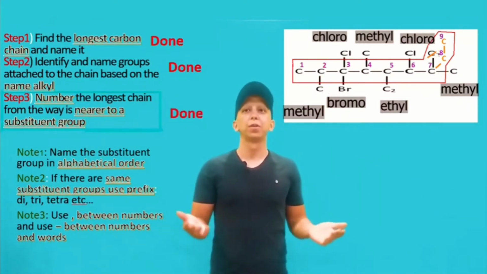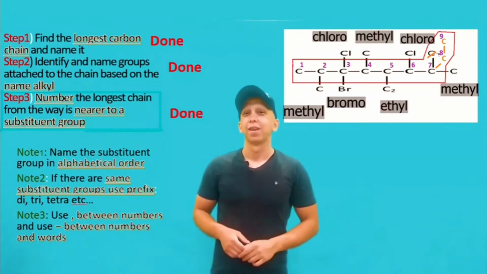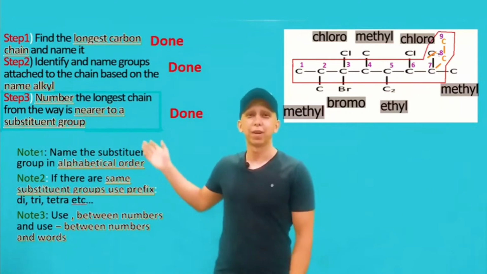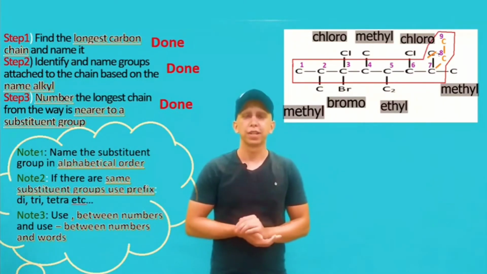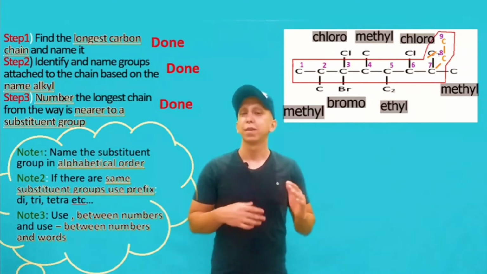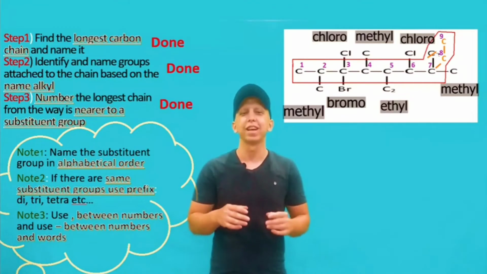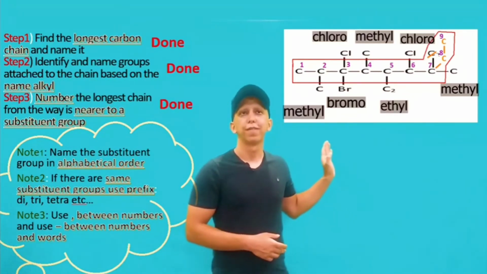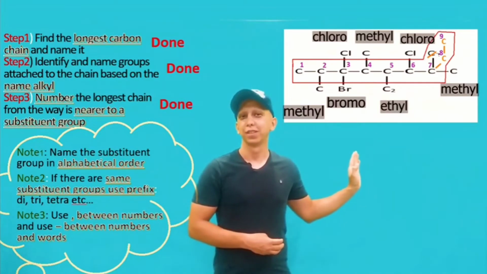Now it's time to write our big structure name by helping from 3 steps. As we know, we have to start writing from the substituent group that is closer to A, B, C, D. So we check the first character of all of these substituent group names.